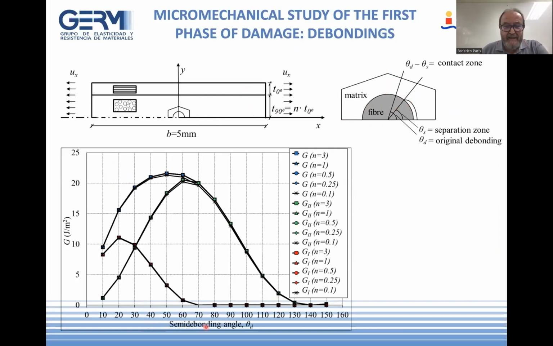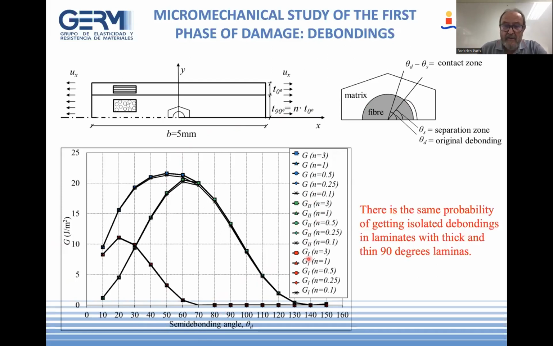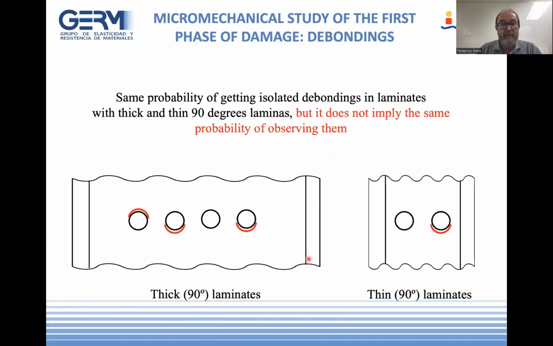Varying here the value of n, which implies increasing the thickness of the 90 degree ply, and representing G, the energy release rate, as a function of the angle, there is no difference with respect to n, which means that there is the same probability of getting isolated debondings, in accordance with these predictions, in laminates with thick and thin 90 degree plies.